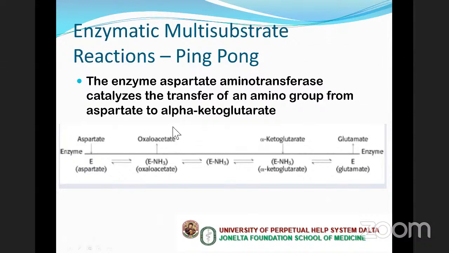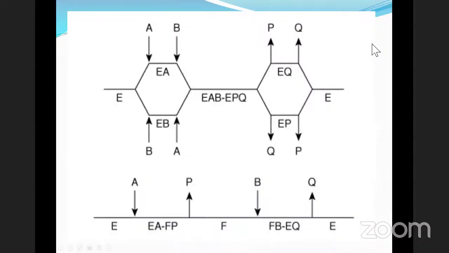And your amino group would be released and you would produce your alpha ketoglutarate. Okay, so what is released would be your oxaloacetate. Product would be your alpha ketoglutarate and glutamate. Okay, if you would use your notation, it would look like this, the ping pong.